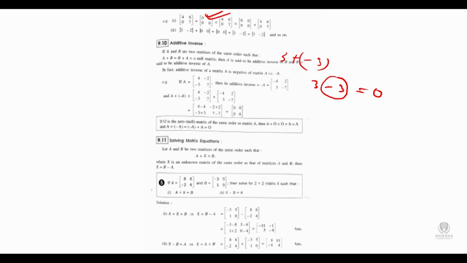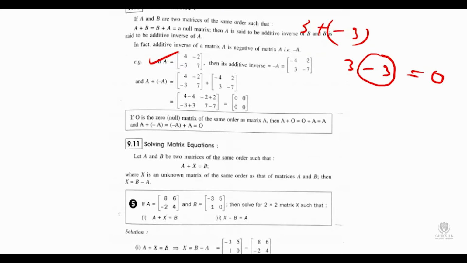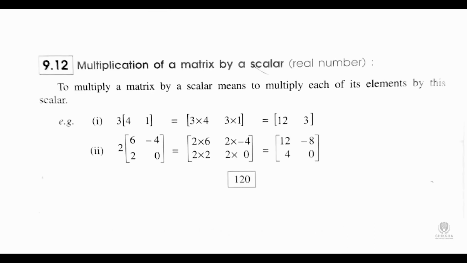In matrices also, if A has the values 4, minus 2, minus 3 and 7, then the additive inverse, we only need to change the signs of the numbers. Plus 4 becomes minus 4, minus 2 becomes 2, minus 3 becomes 3 and 7 becomes minus 7.